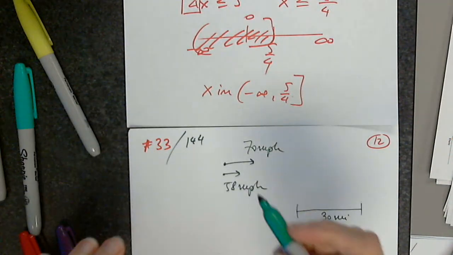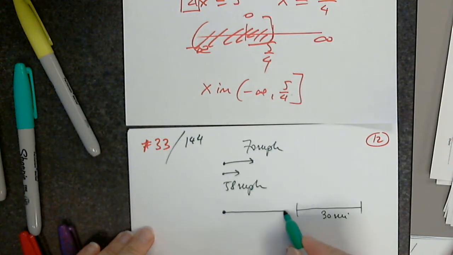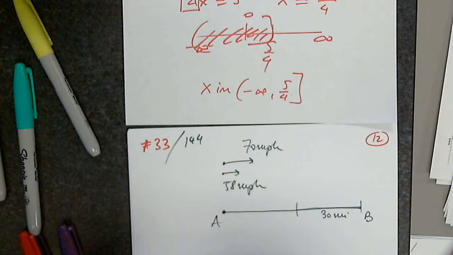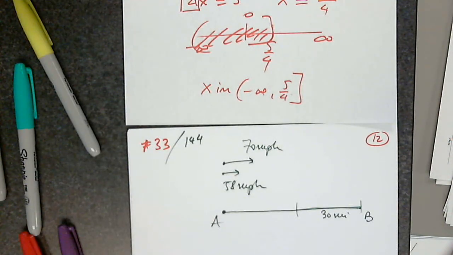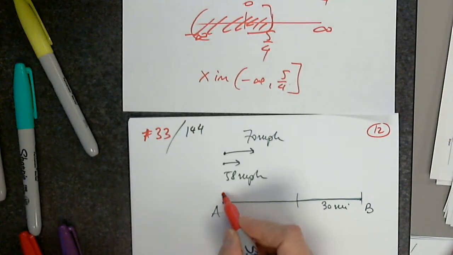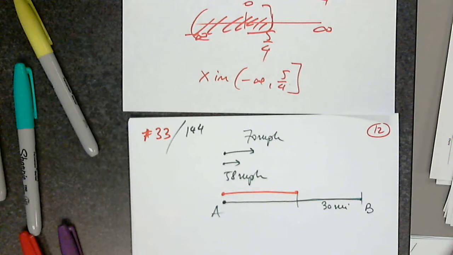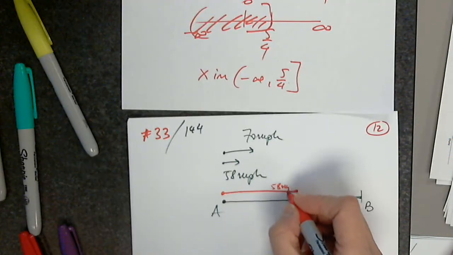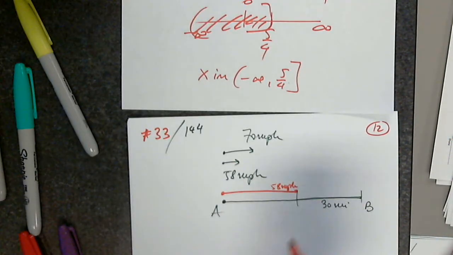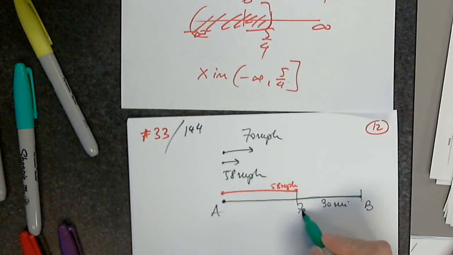So they both start here. This is the distance covered by the first one. That is faster. And this is the distance covered by the second one. So this one is the 58 mile per hour. And the green one is the 70 mile per hour.